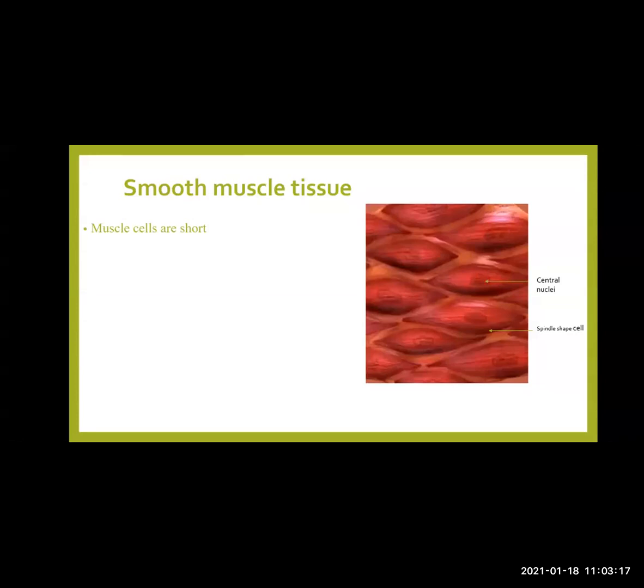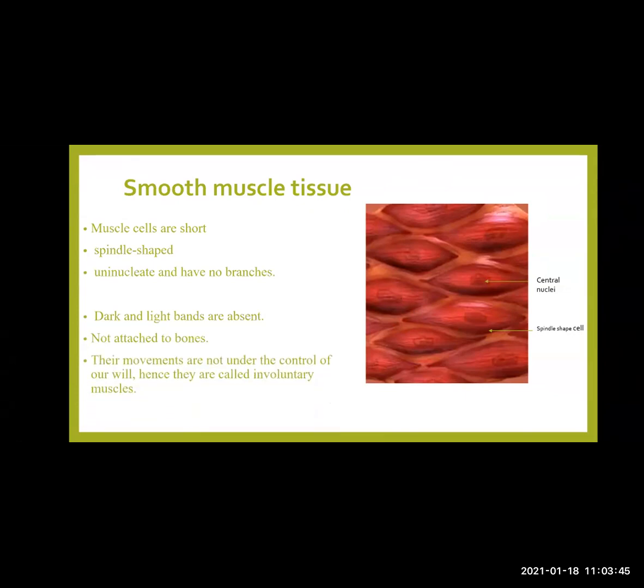Characteristics of smooth muscle tissue are: muscle cells are short, spindle shaped, uninucleated, and unbranched. They do not have dark and light bands on them, and they are not attached to the bones.